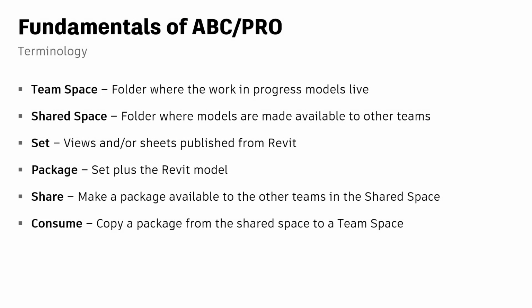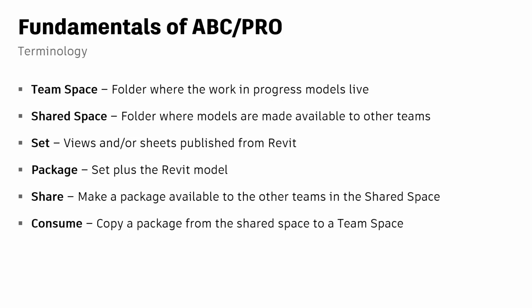Firstly, here are some fundamentals of ABC and ABC Pro. In terms of terminology, a team space consists of a folder where the work in progress files are. The shared space is the folder where the models are made available to other teams, other disciplines, for example. A set is composed of views or sheets published from Revit, and this is the designer's choice before publishing.